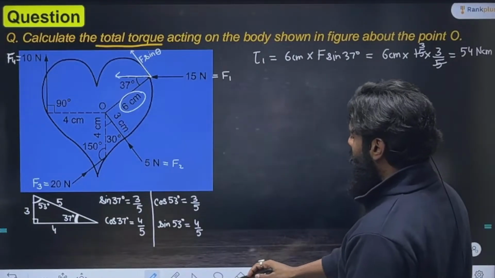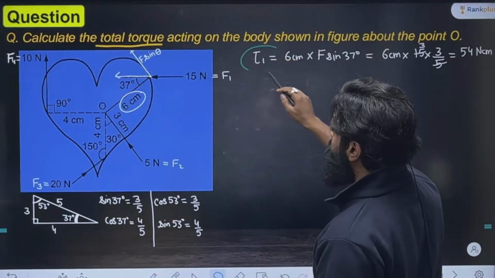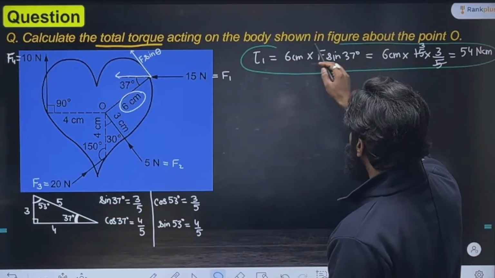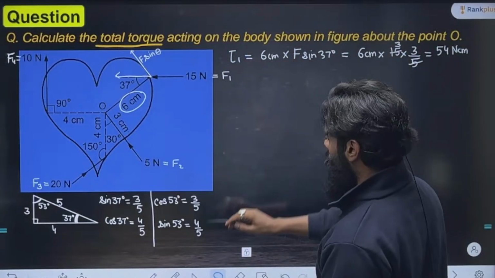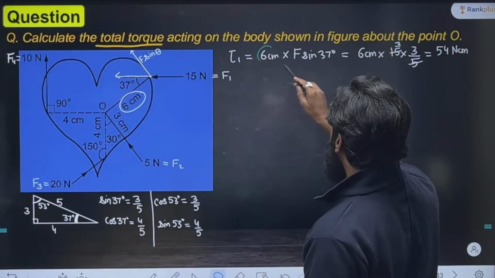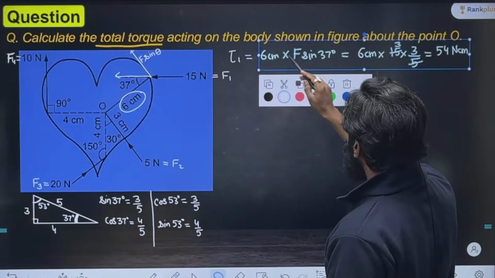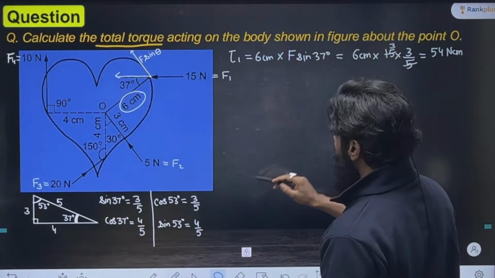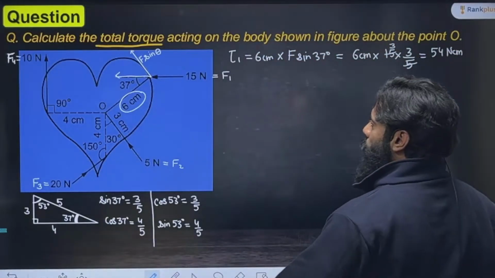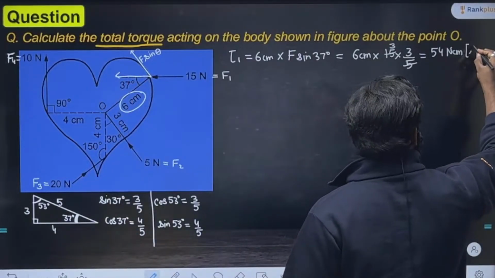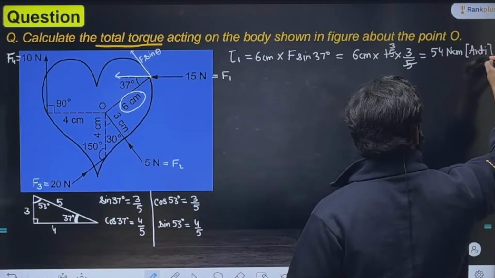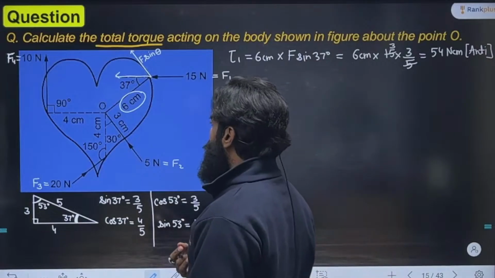Now you have to consider the direction as well. Due to this, it is moving anti-clockwise. So I'll consider this as anti-clockwise.